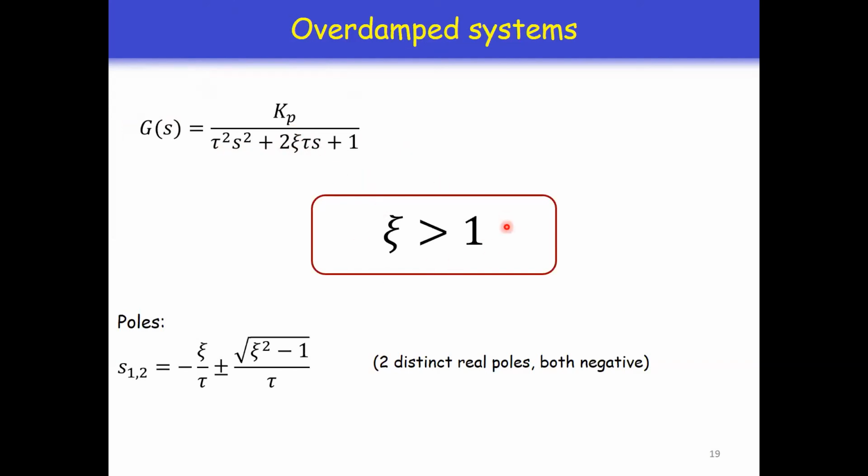So if Xi is larger than 1, the system is overdamped. And so you have two poles, both real, and they are distinct. So, question, do you expect any oscillating response for these systems if you disturb them? No. For sure they won't oscillate. So this is something that we can predict immediately.